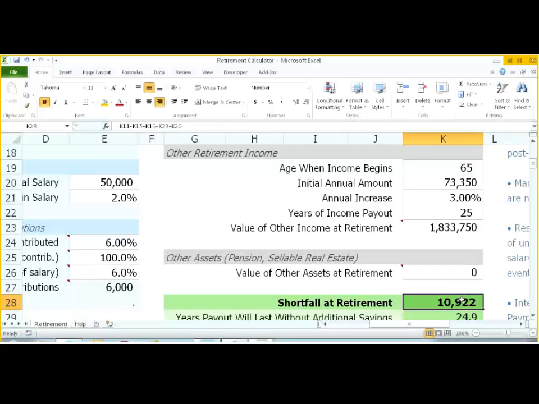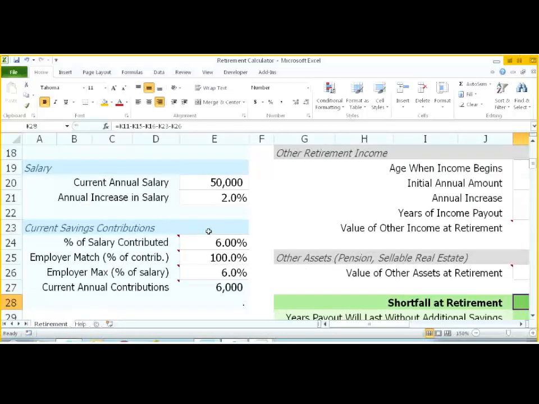One is, okay, I need to save more of my income. Maybe I can live more frugally in my retirement. The other big lever on accumulating money is the investments you put it in.